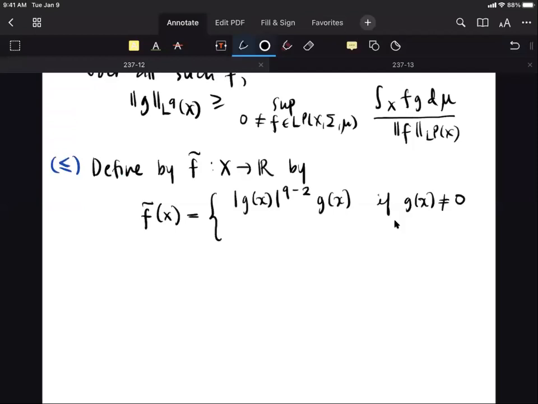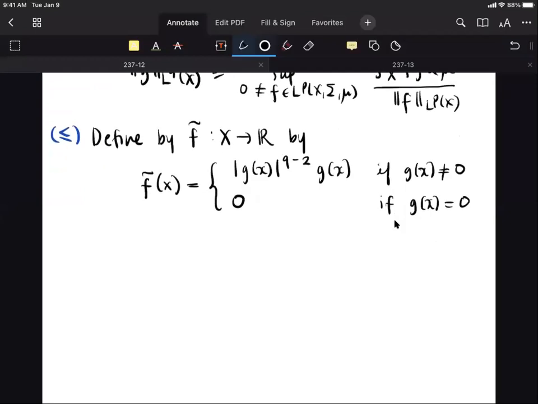We need to impose this since, when q is less than 2, this exponent is negative, and therefore this will be in the denominator. So we need to be careful not to divide by 0.